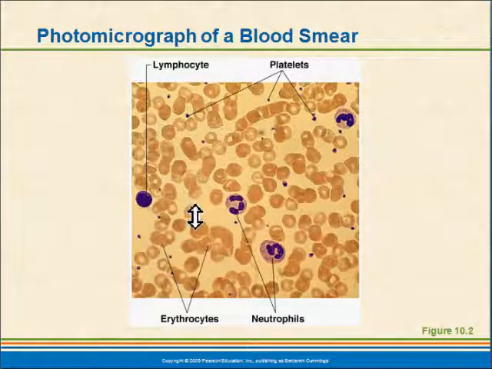As you can see, there's a number of red blood cells, which have the shape of what they call a biconcave disc. It looks sort of like a flattened out jelly donut. You can see these white blood cells, and in this case, we have some neutrophils. There's one of the lymphocytes, another cell, and then these small dots, which are the platelets.